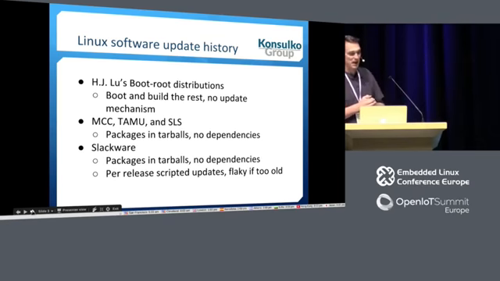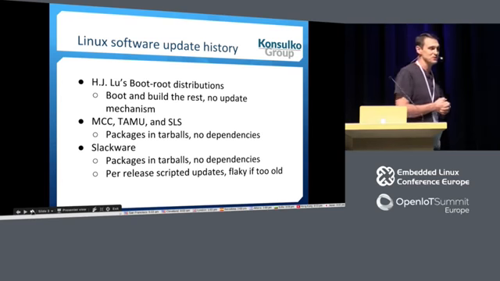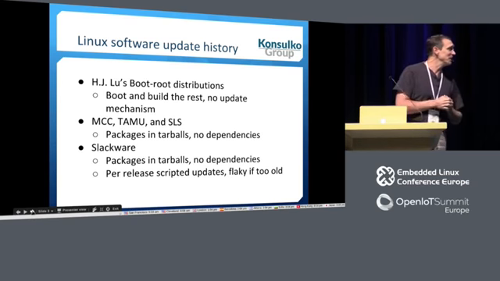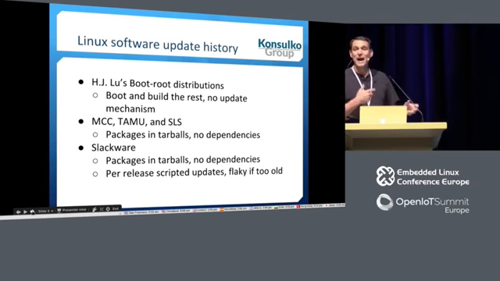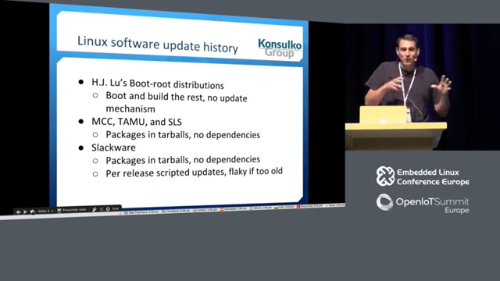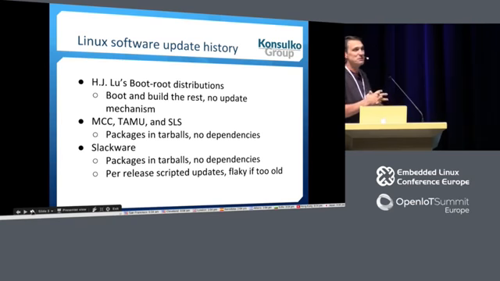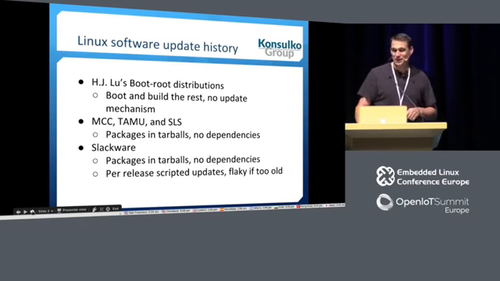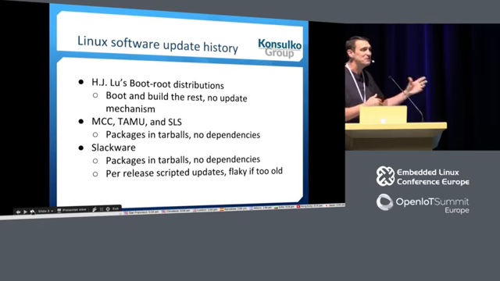Slackware came about, and partially because SLS wasn't very well maintained. And again, packages were in tarballs. There weren't any dependencies, but you could upgrade from release to release with this carefully scripted dance, right? So be a bit flaky if you were out of date, right, and tried to go too far ahead.